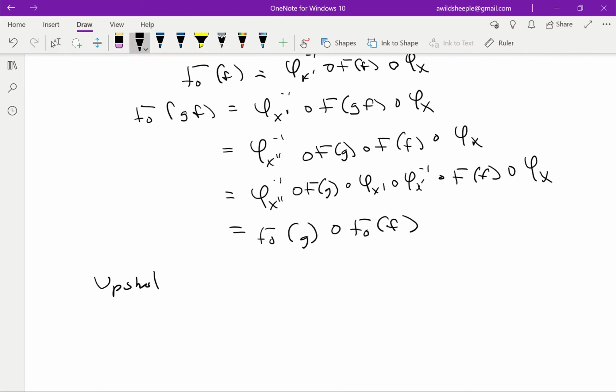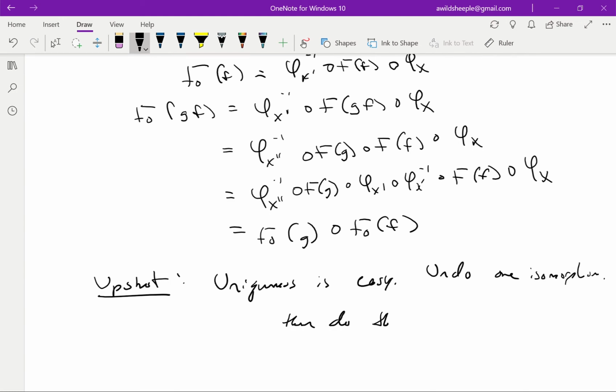So maybe I'll call this an upshot. Uniqueness is easy. Undo one isomorphism, then do the other. And again, the usual group theoretic arguments are going to tell us that these things are equal.